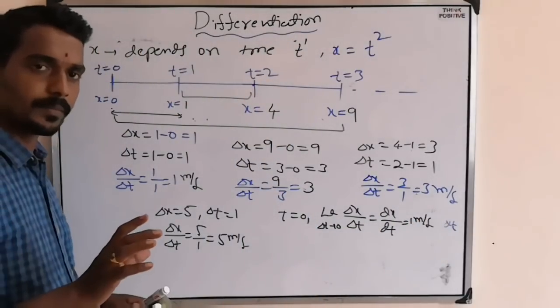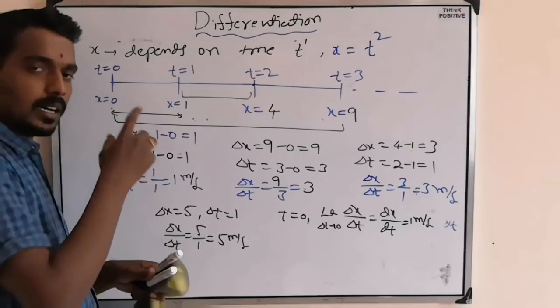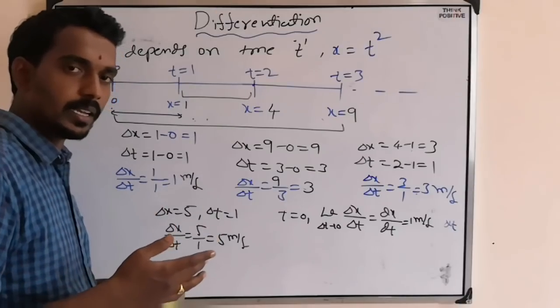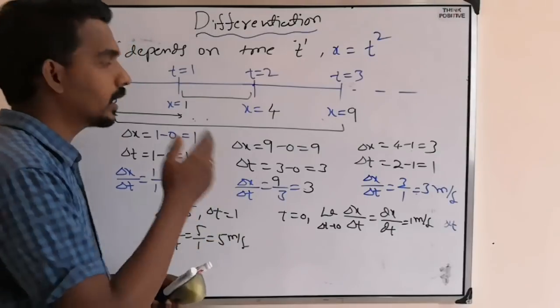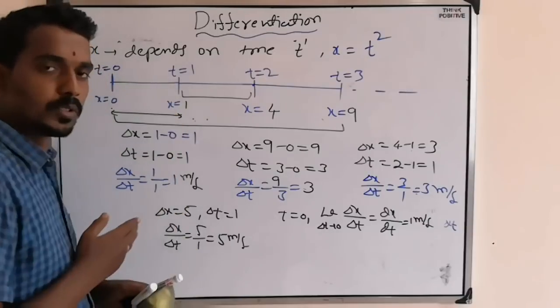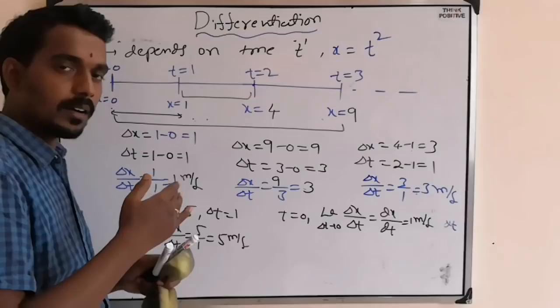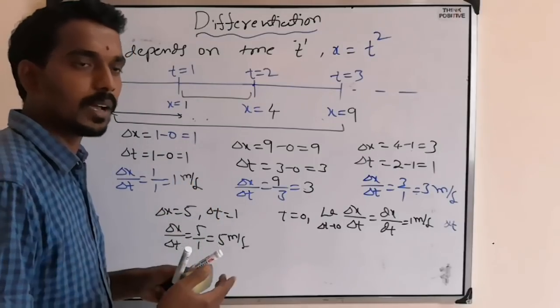That means at this instant, the change in x with respect to t has the capability to cover 1 meter in 1 second. But when you come to this position, the rate of change in x changes to a greater value.